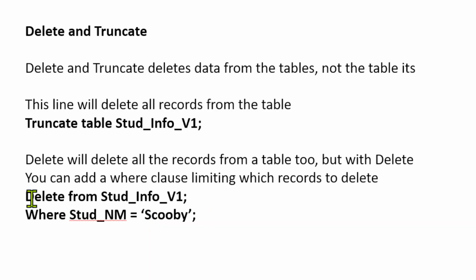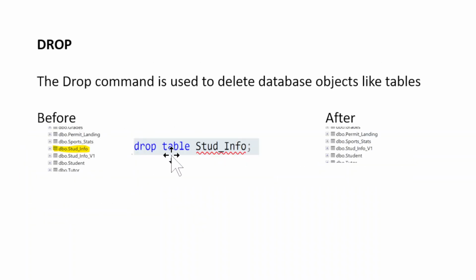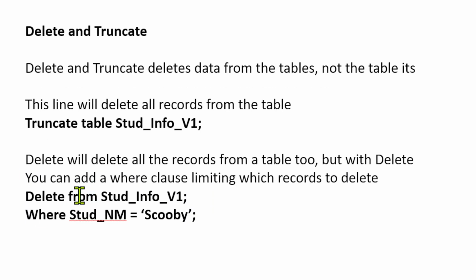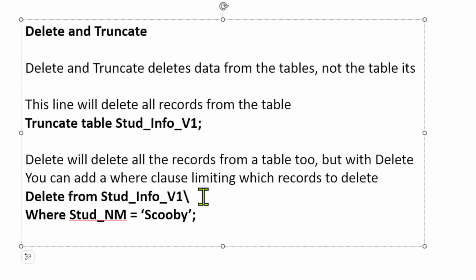This will only delete the record with Scooby in it. This one is going to delete all records. The table will still be there. So notice this one says truncate table. This one says drop table. This one says delete from. So this is different. Delete is the only one with a where clause. Okay, so the other two don't have one.